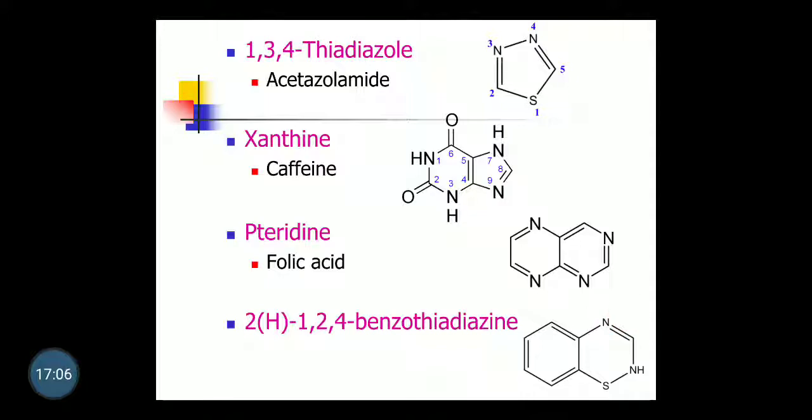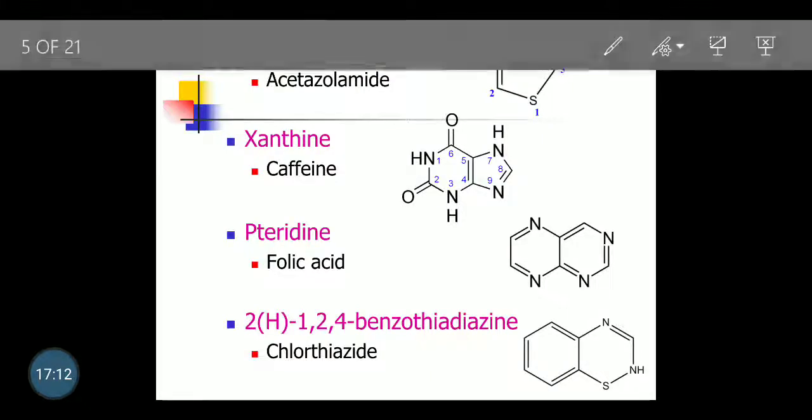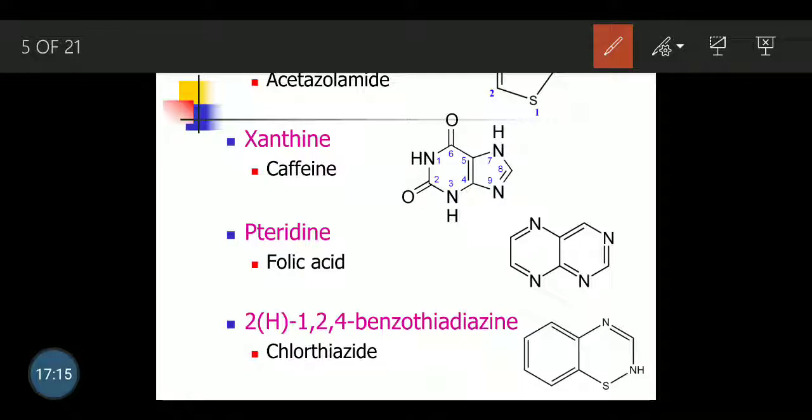So in this case the ring is like this. If you are talking about the numbering of this ring, as far as the O S N order is concerned, it will start with sulfur: 1, 2, 3, 4, 5, 6, 7, 8.